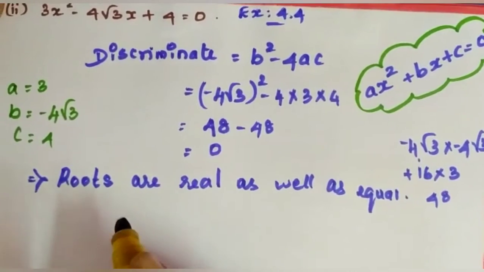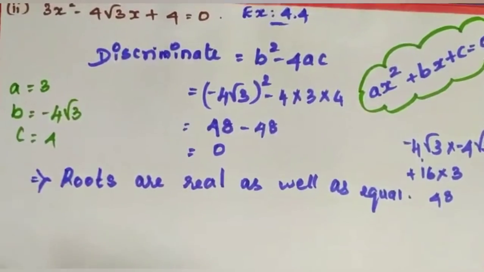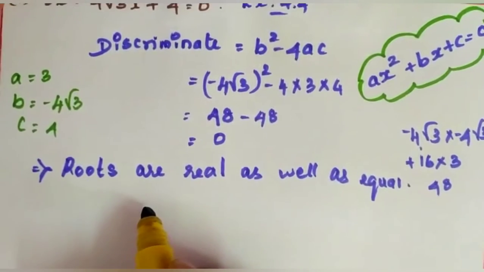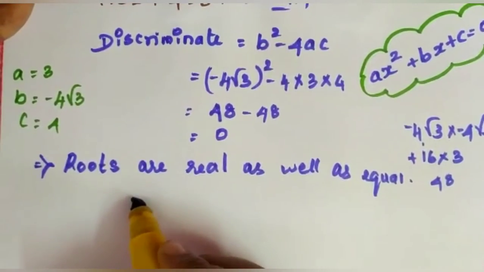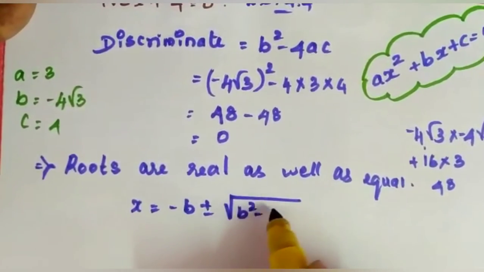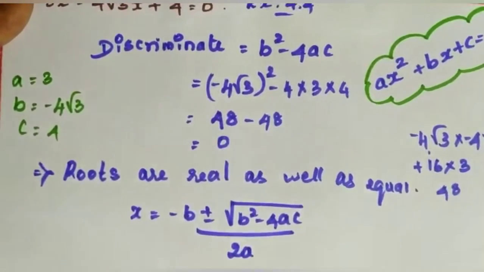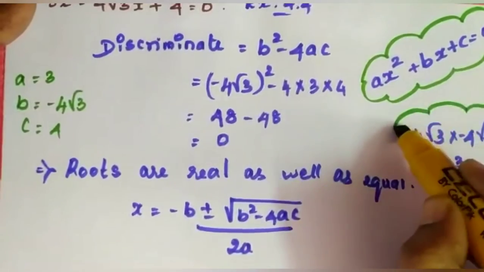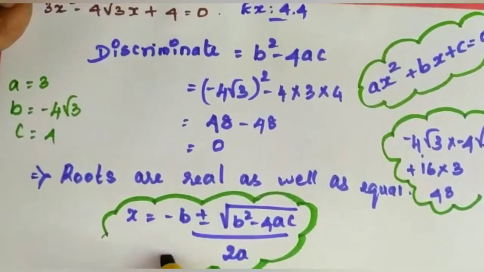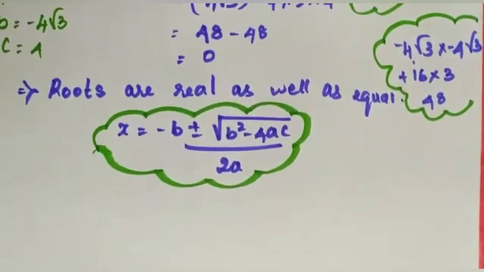These equal roots can be found by using the quadratic equation formula. Clear? So now I am going to find the value of x by using the quadratic equation formula. x is equal to minus b plus or minus root of b square minus 4ac divided by 2a. This is the formula, and substitute all the values of a, b, c.